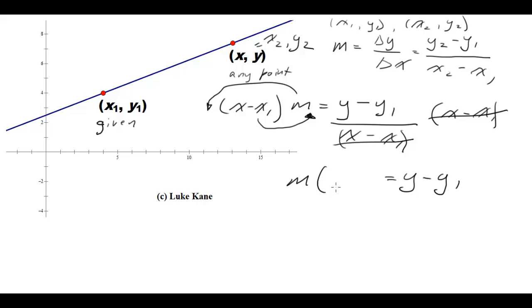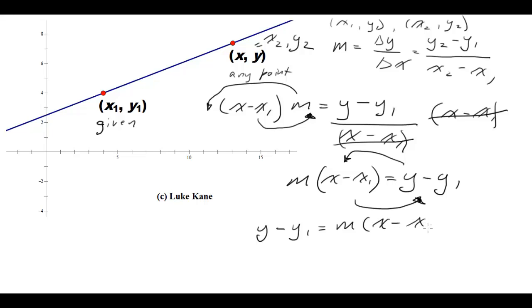I can do that because multiplication is commutative. It doesn't matter whether I multiply 2 times 3 or 3 times 2. I'm still going to get 6. So this is x minus x1. And another convention, the y tends to go up front on the left-hand side and all this other stuff on the right-hand side. So I get y minus y1 equals m times the quantity x minus x1.